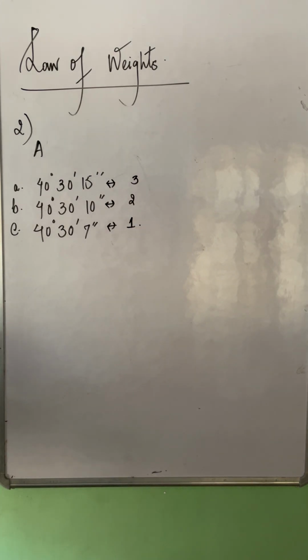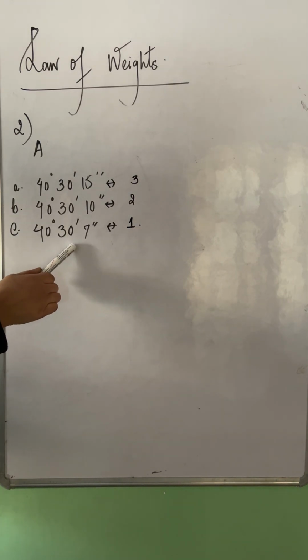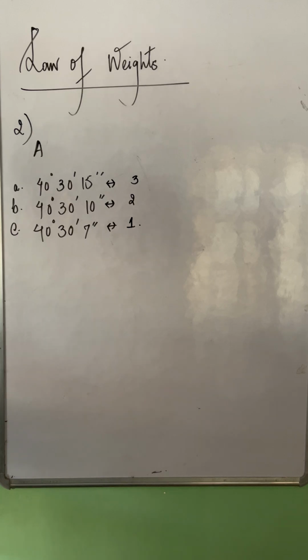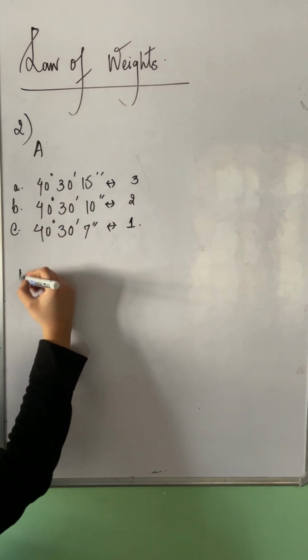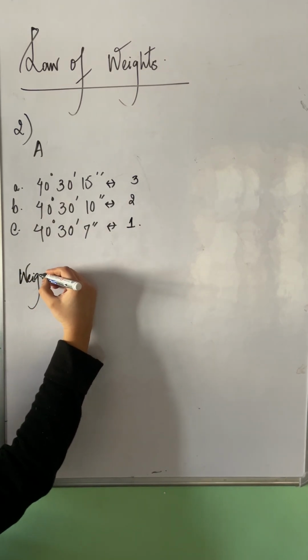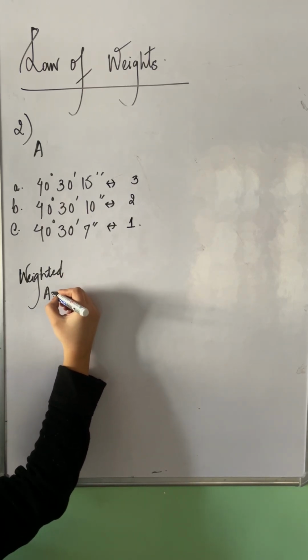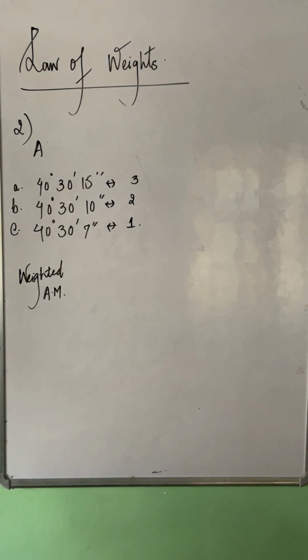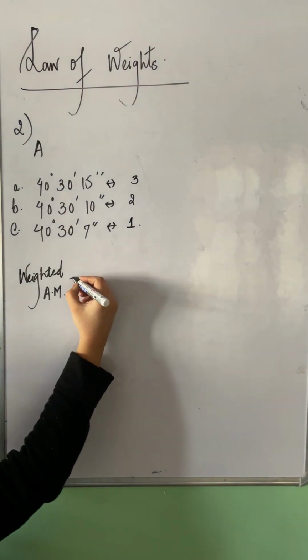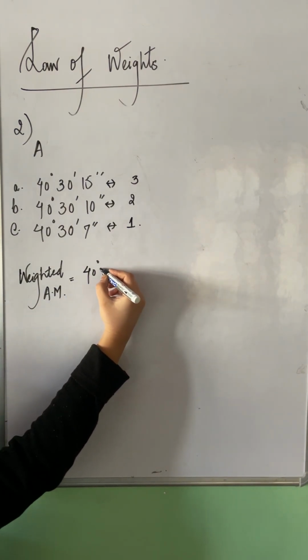We have to find its weighted arithmetic mean first, and the weighted arithmetic mean is found by the following equation. Weighted arithmetic mean is equal to 40 degrees.